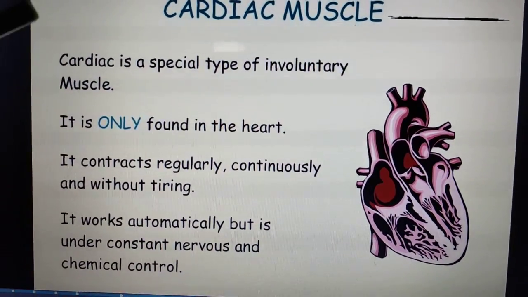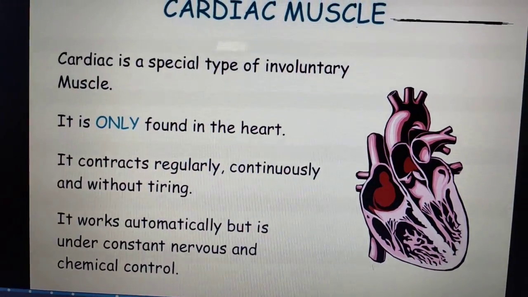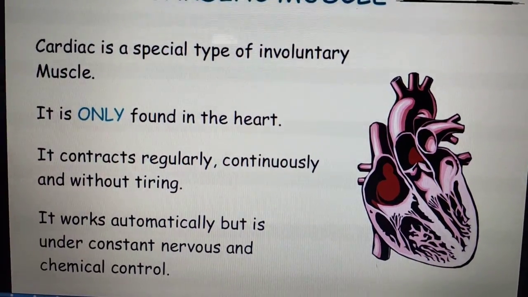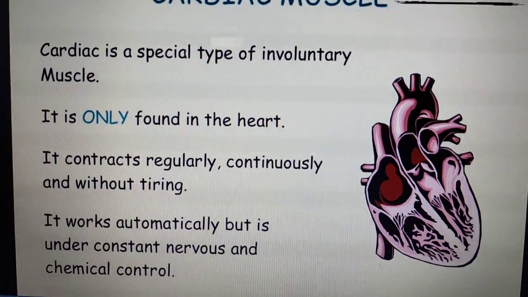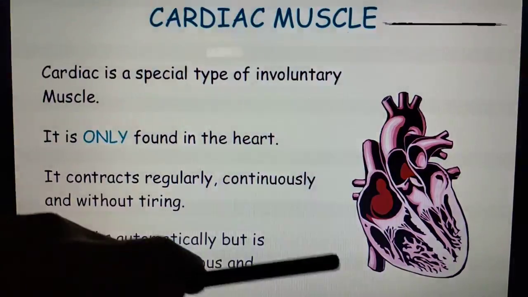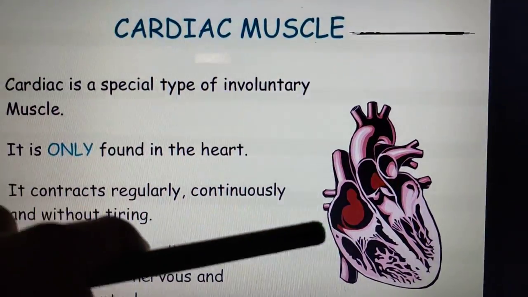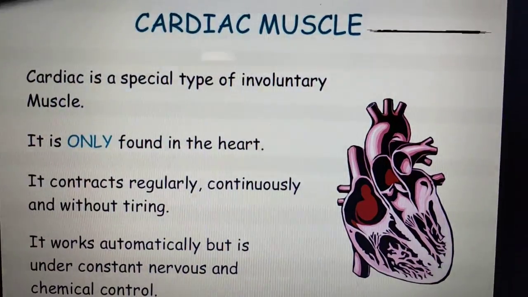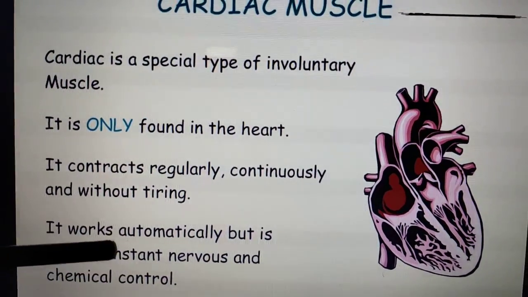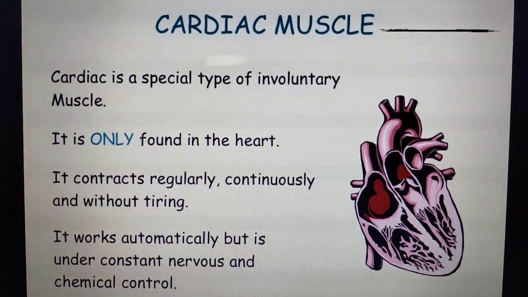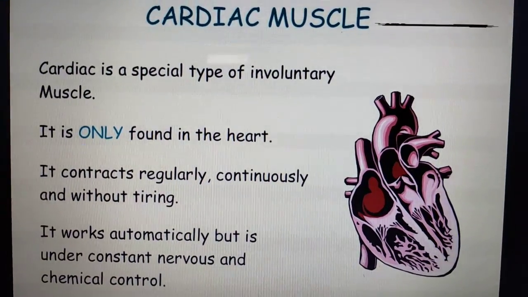So this is a very specialized characteristic of the cardiac muscle. It works automatically but is under constant nervous and chemical control. Why? Because it is very rhythmic and works continuously, so it has a very supportive system of nervous and chemical control. This is all about the cardiac muscle.